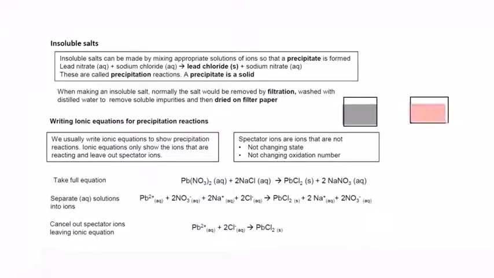So two solutions are there, colorless solutions. One is lead nitrate and the other one is sodium chloride. You mix them into another container.